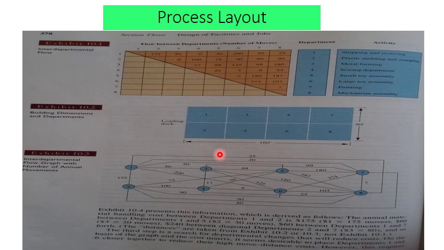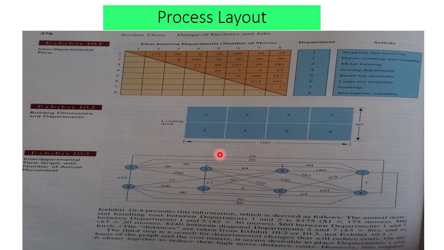So based on the frequency of moves, we can calculate the costs, not only the frequency, but also the distance should be considered. Both the distance and the frequency are considered to calculate the transportation cost.